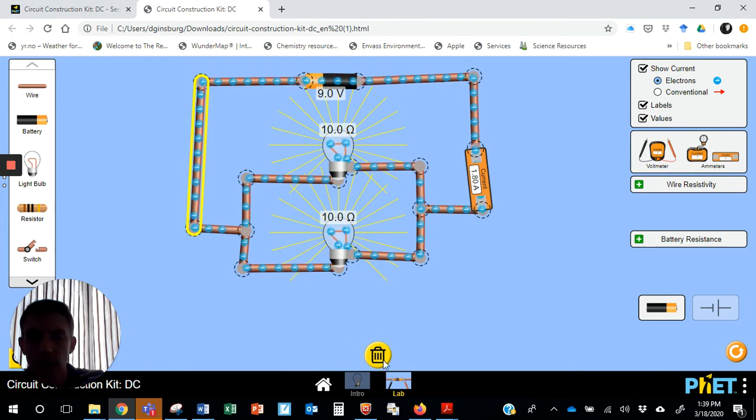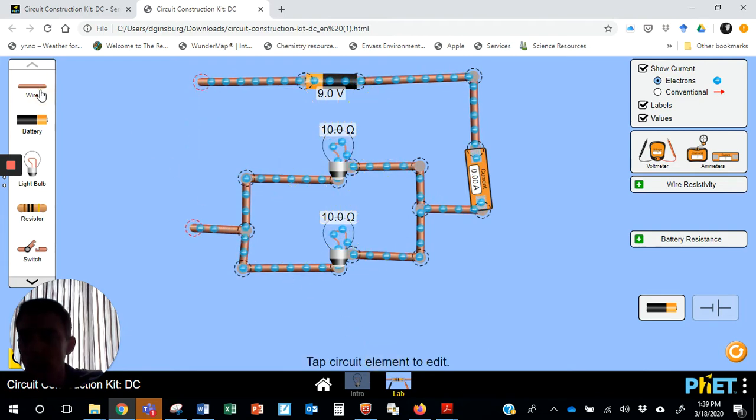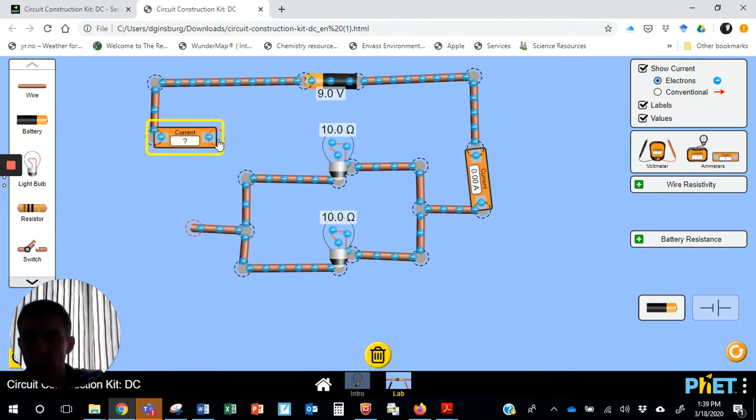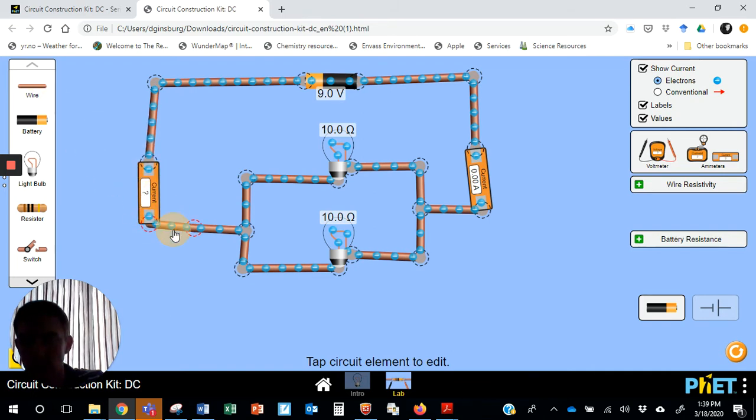Let's put one on this side too, just to show you that it will also be 1.80 because all of the current is flowing through that part of the circuit, remember? Okay, so 1.80 on the left-hand side, 1.80 on the right-hand side.